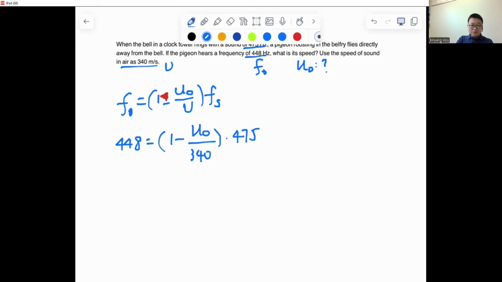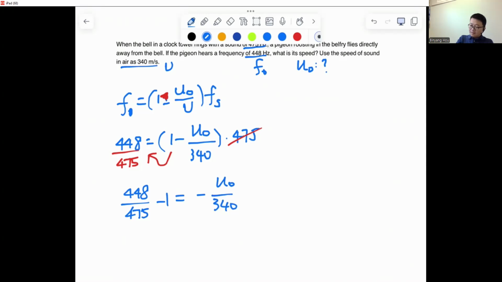So we'll just solve for u of o. We'll divide both sides by 475, and after that, you'll move the 1 to the other side, so minus 1. So then we get 448 over 475 minus 1 equals minus u of o over 340.